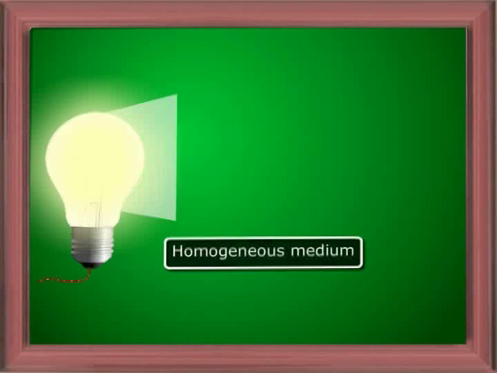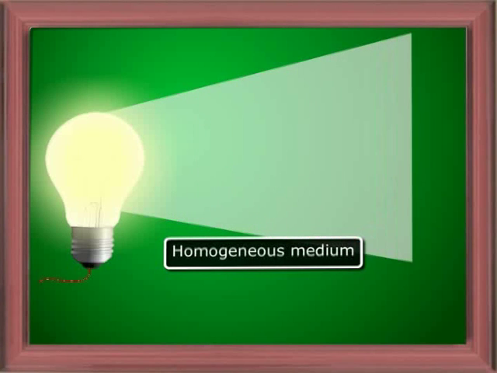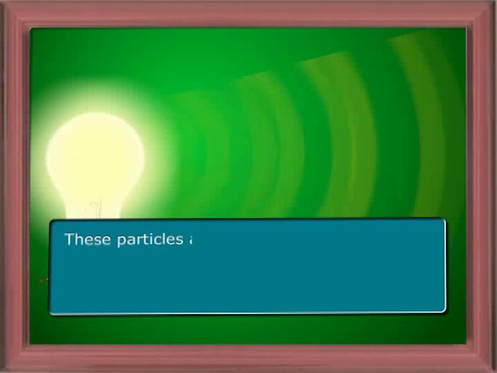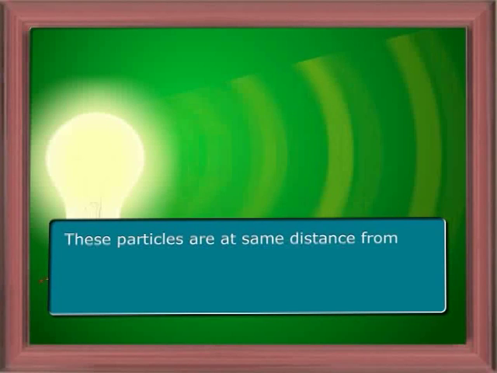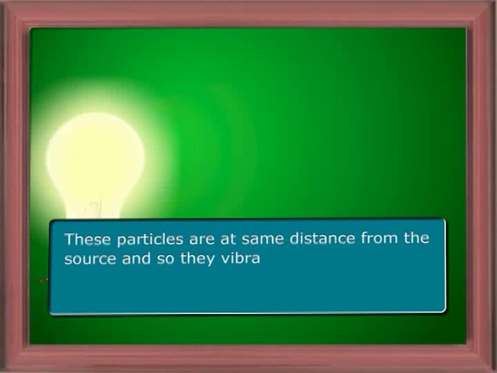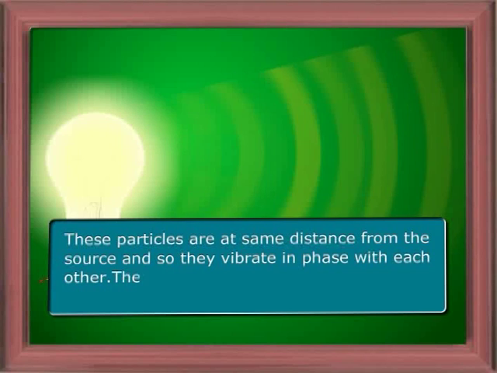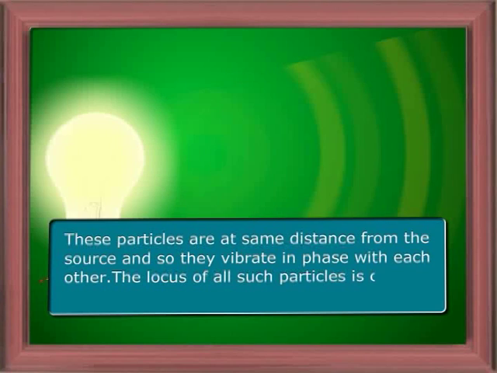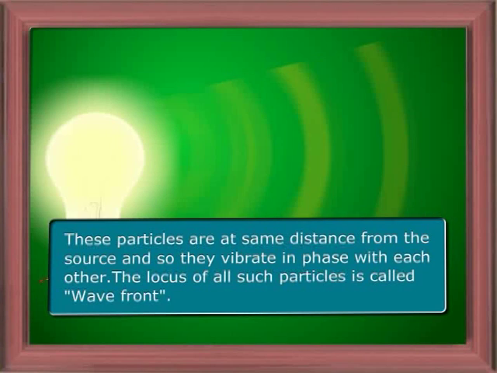In a homogeneous medium, the velocity of light waves is the same everywhere. So, the disturbances reach all such particles at the same time. These particles are at the same distance from the source, and so they vibrate in phase with each other. The locus of all such particles is called a wave front.